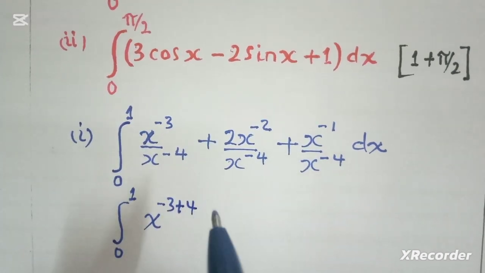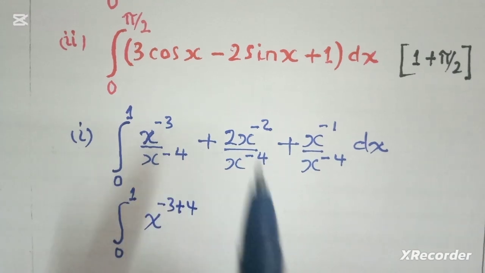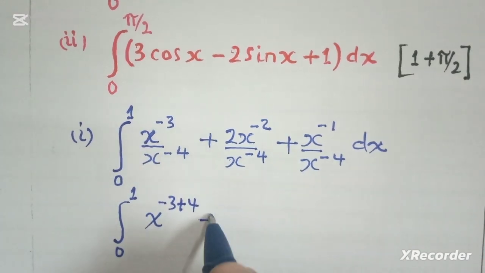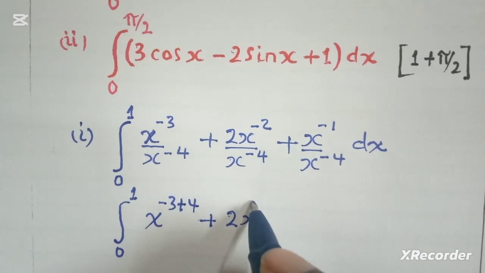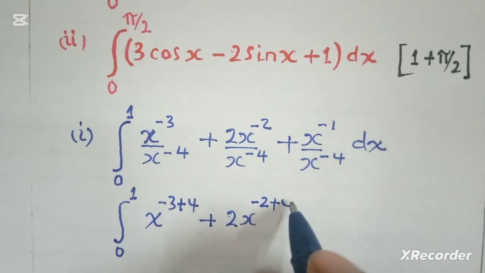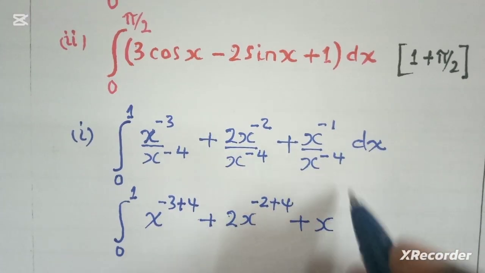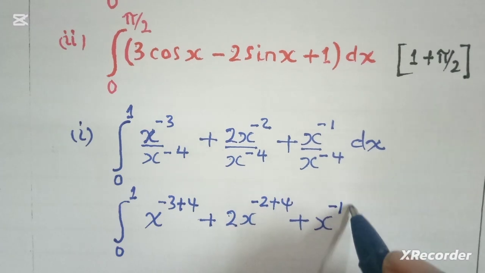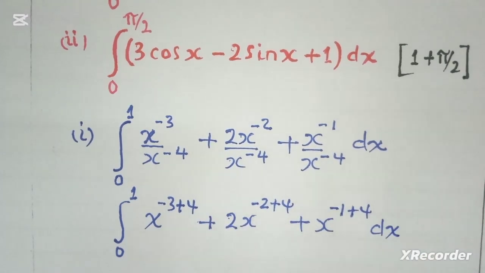Using the law of indices, when x goes up, it shall be x raised to 4, plus 2x raised to negative 2 plus 4, plus x raised to negative 1 plus 4, dx.